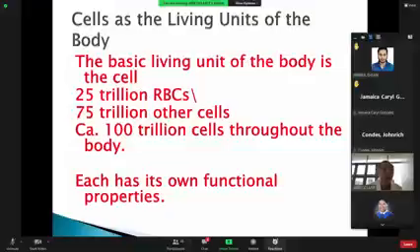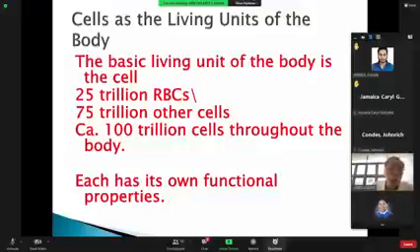We have 100 billion neurons in our brain, calculated to be about 100 to 200 trillion cells throughout the body. So it's about 200 trillion cells.